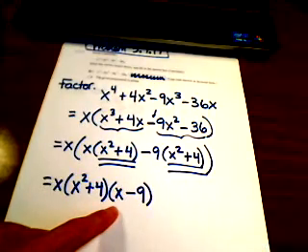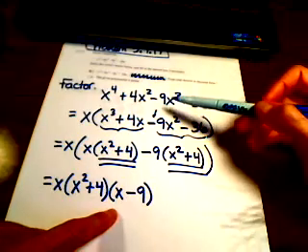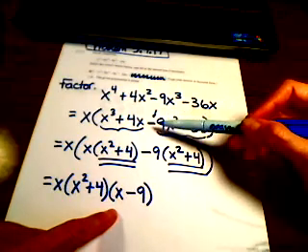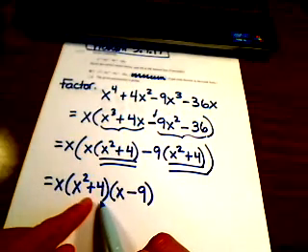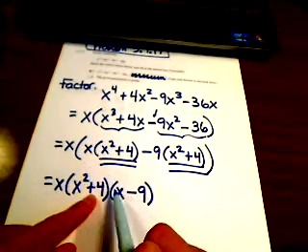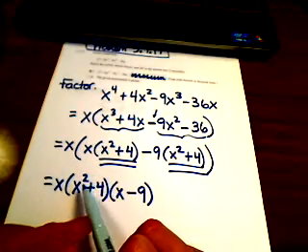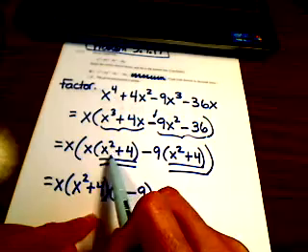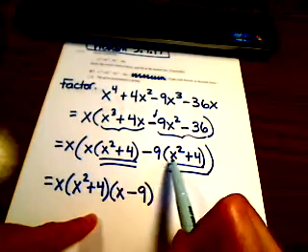Okay, I'm just checking this real quick. Yeah, okay. So when I pulled out my x squared plus 4, this x right here is coming from what's left. If I was to multiply this through, I would get this back. And this minus 9 right here is coming from what's left when I pull this out here.